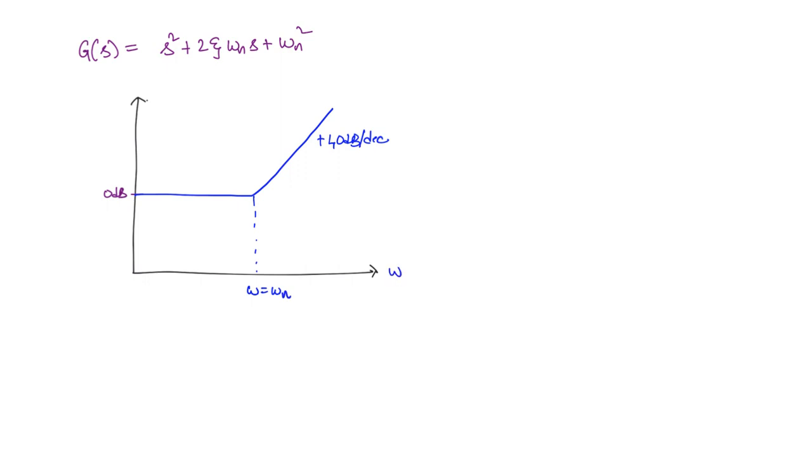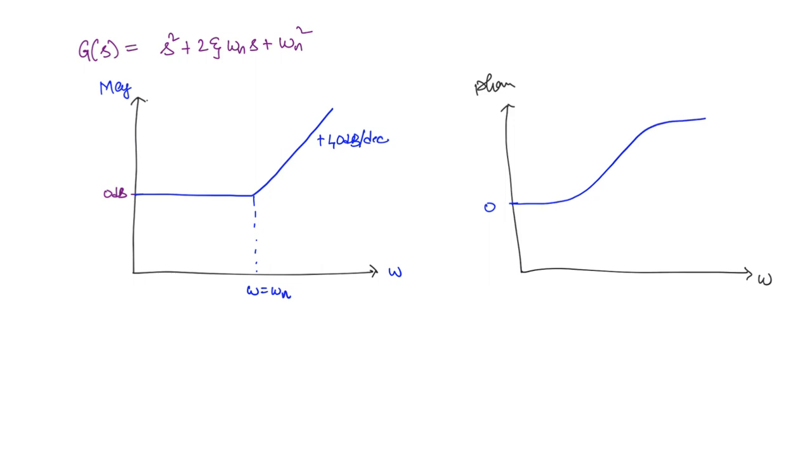This is the frequency axis and this is the magnitude axis. Similarly, what will happen to the phase? It will start at 0 degrees, and then it will keep increasing to 180 degrees. And at omega equal to omega n, the phase is going to be 90 degrees.